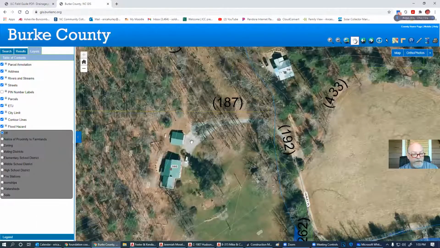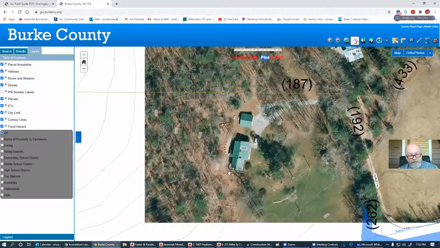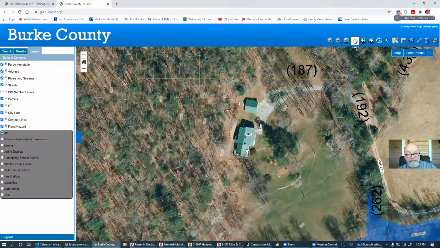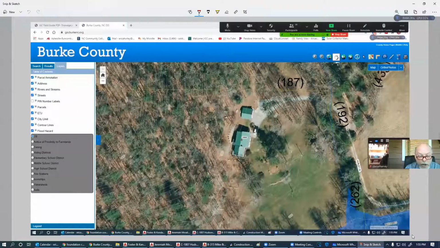But now let's go back to this slope again. In this particular house, we did put a drain all the way around the house. And this is the original house. This has been added on. This is on stilts, so we didn't have to put the drains over here.